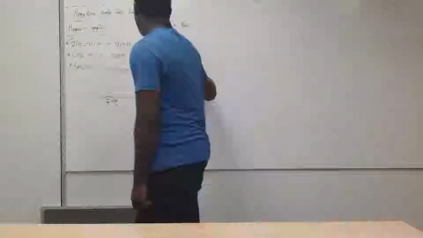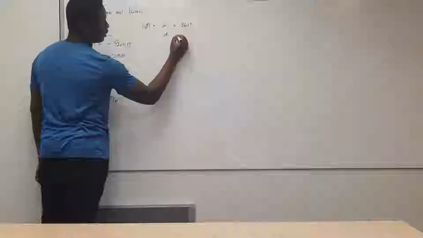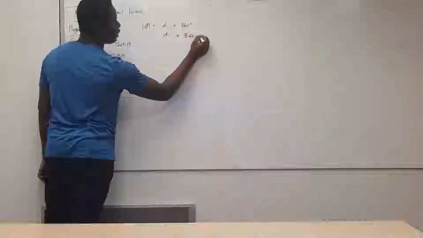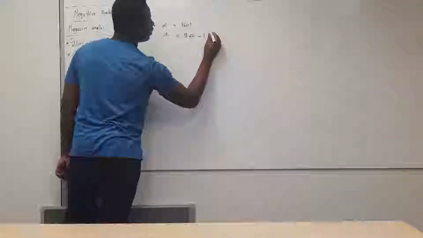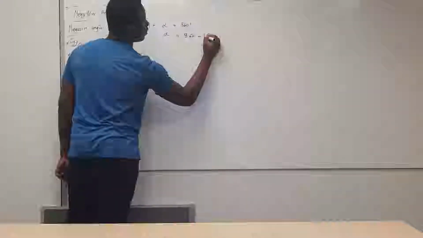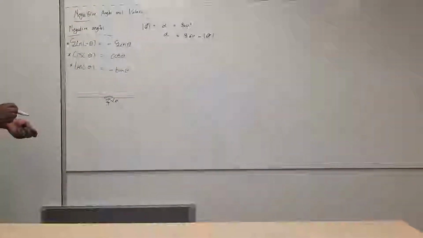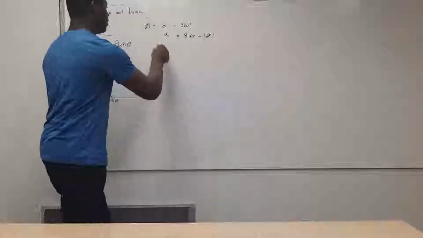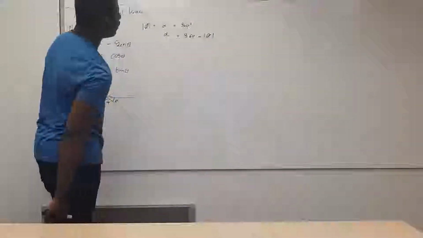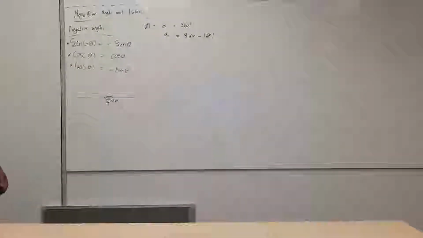Therefore, alpha is equal to 360 minus the absolute value of phi. So the negative angle can be written in terms of alpha or phi. So that's that for that.